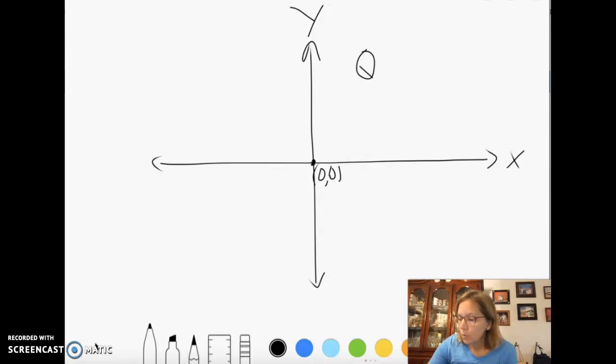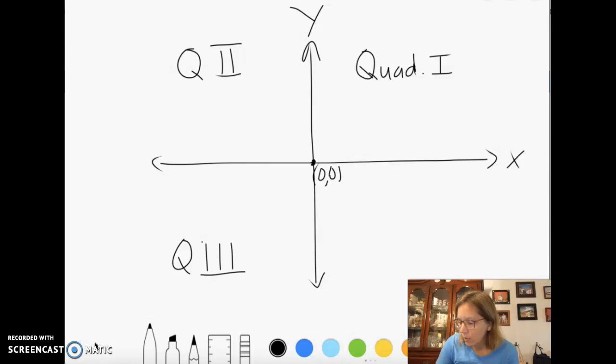This was quadrant 1, and it kind of goes backwards, so we're going to go this way for quadrant 2, quadrant 3, and quadrant 4. Now remember, when we are working in this quadrant, both our x and our y are positive.